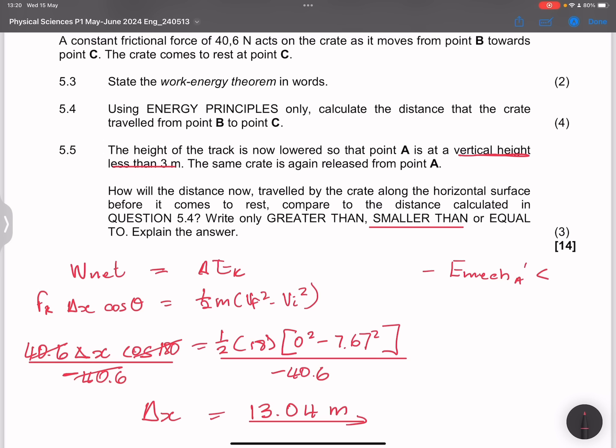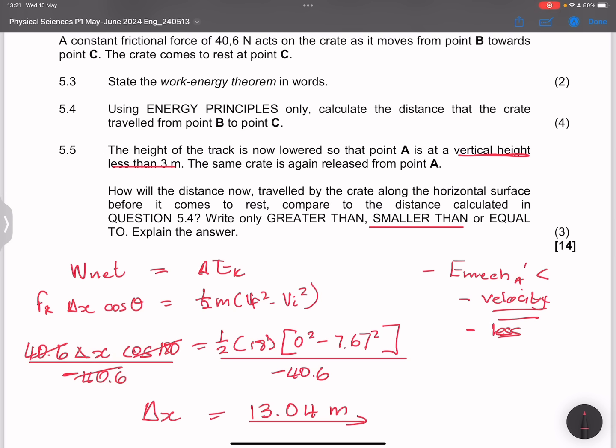And so if it is less, therefore, it means that the initial velocity would be less, all right? And if the initial velocity is less, then it means that the distance traveled should also be less. Okay, and essentially that is how we are going to explain it.